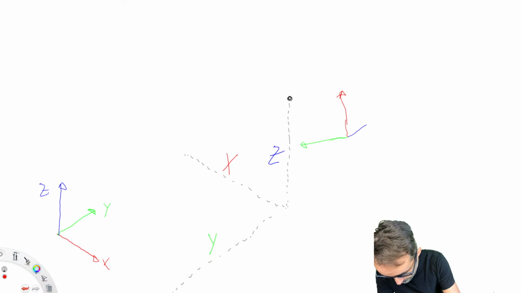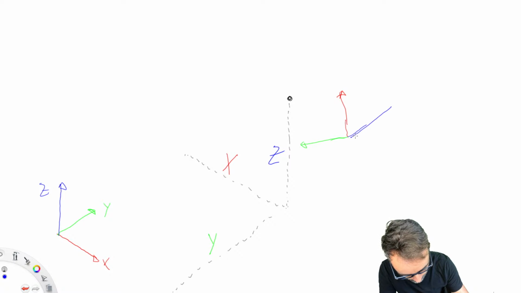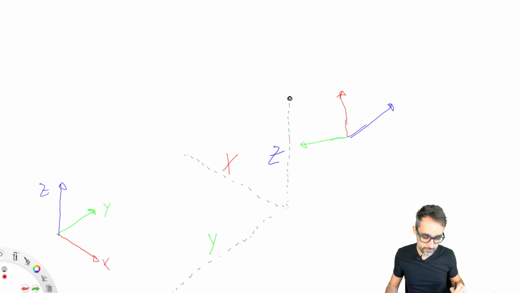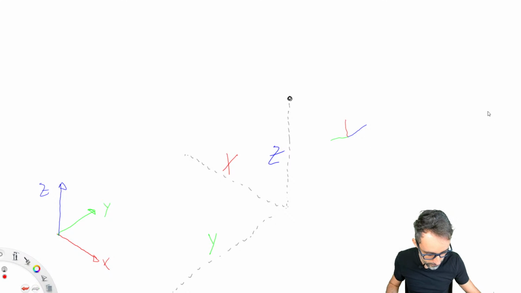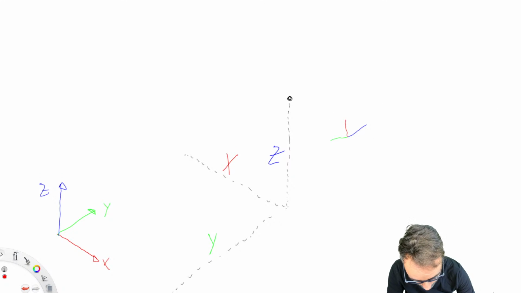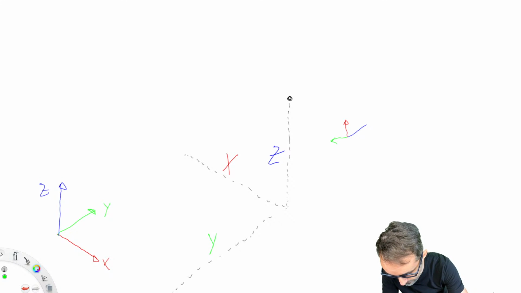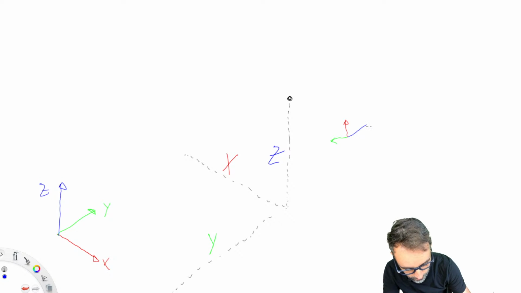And what is the coordinate on this direction? Okay, so if I have this and I have this, and I have this and I have this.